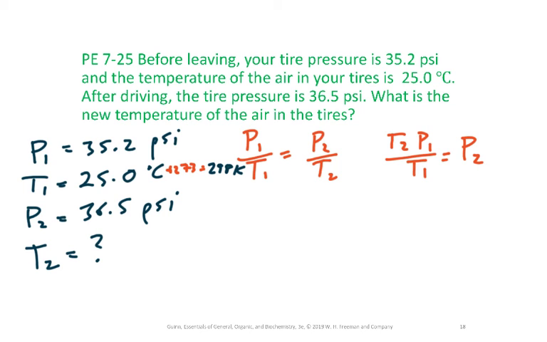And then we're going to multiply by the inverse of this ratio, or basically multiply by T1 and divide by P1. Then we get T2 is equal to T1 over P1 times P2.